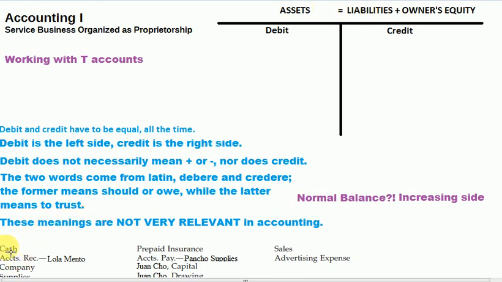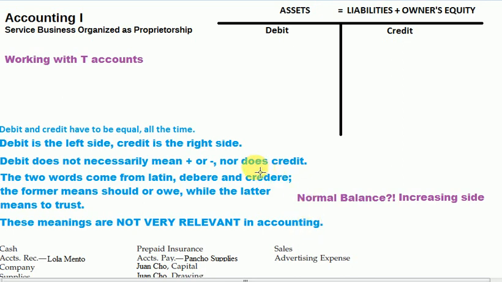When I'm looking at cash, where does cash belong? Does it belong to asset, liabilities, or owner's equity? When I look at account receivable, I need to ask myself the same question. I have to do that to every single account. So why is that so relevant?